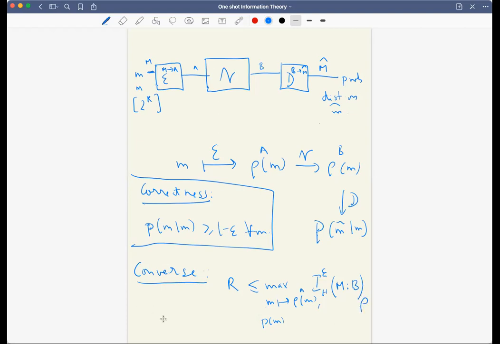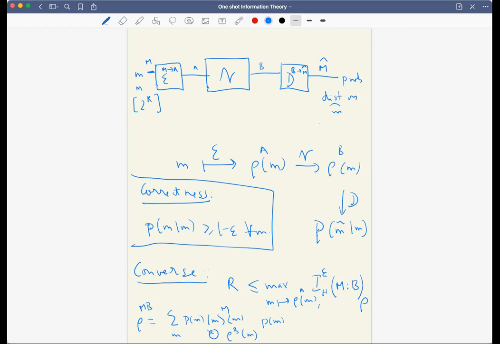Okay, so what is the state rho I'm using? The state rho is a classical-quantum state, a state on the system MB. It is the sum over m of P_M, ket m bra m, tensor rho_B^m.